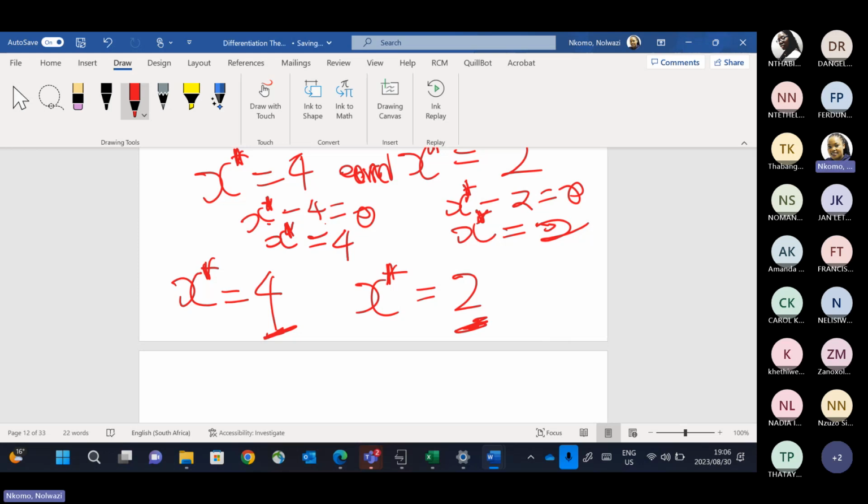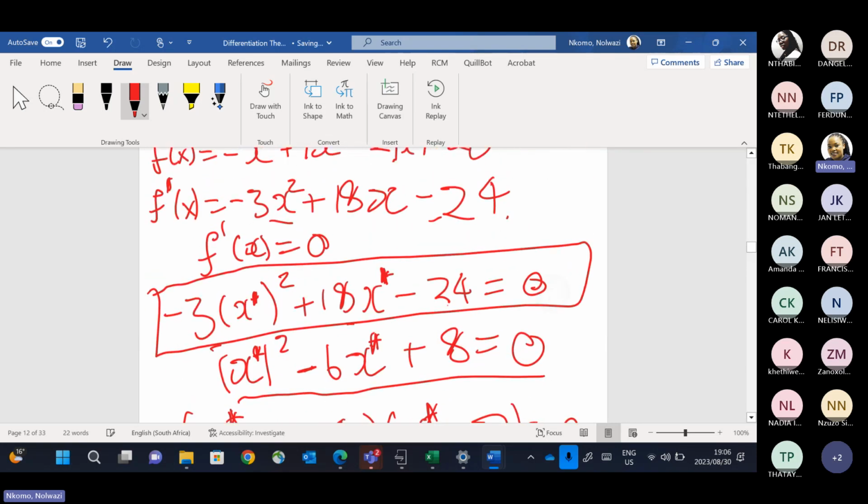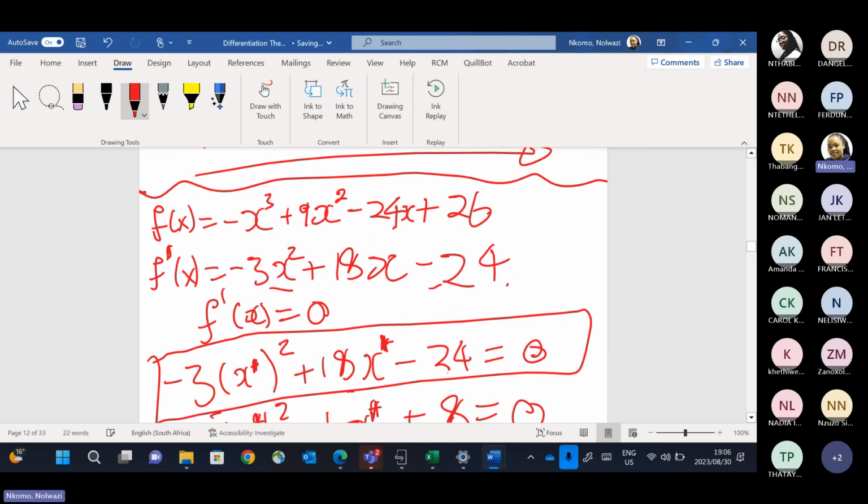Remember, I said to determine the nature of your point, we need to find the second derivative. To find the second derivative, we need to differentiate the first derivative. We said the first derivative is minus 3x squared plus 18x plus 24.